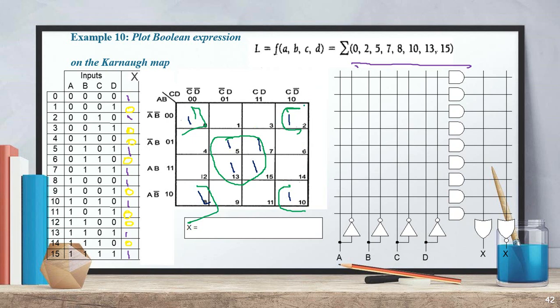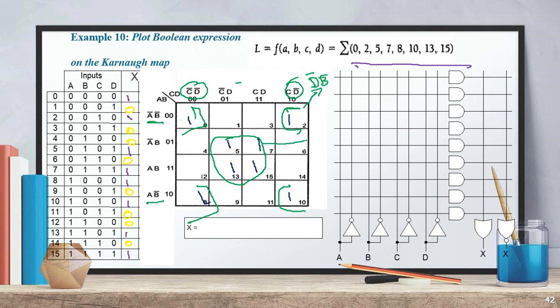The equation for this one: considering C D bar and here C bar D bar, D bar is common, so my equation is D bar. In this portion, A bar B bar and A B bar, B bar is common, so my answer is B bar.